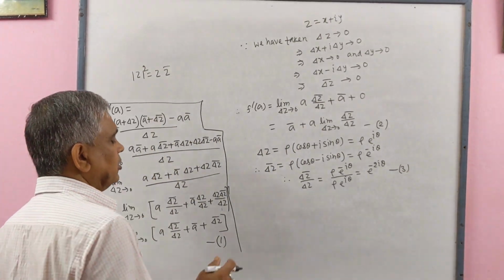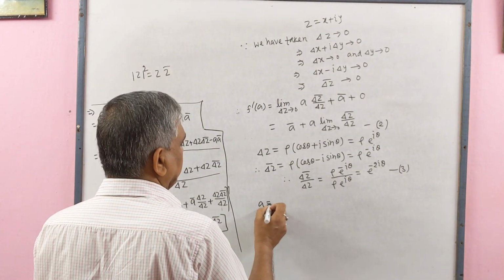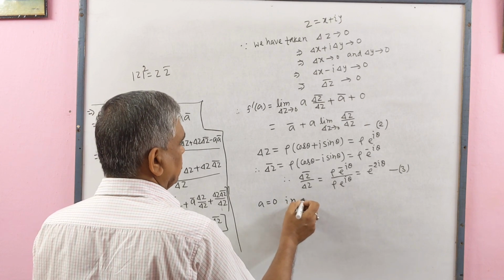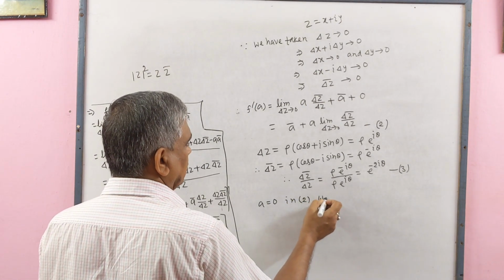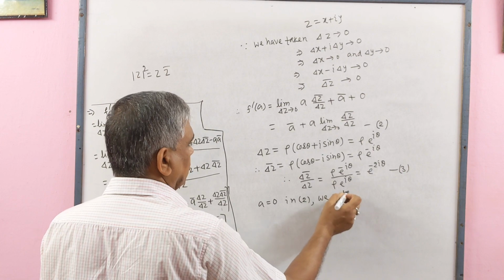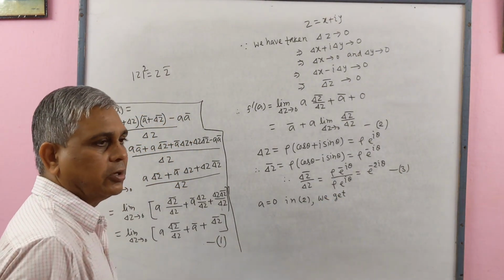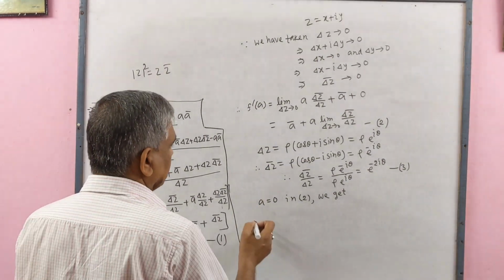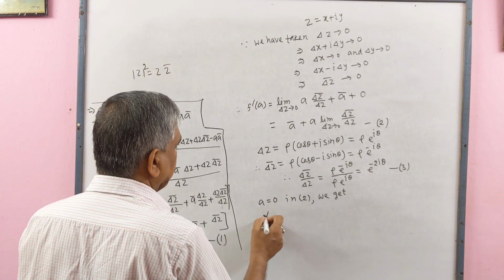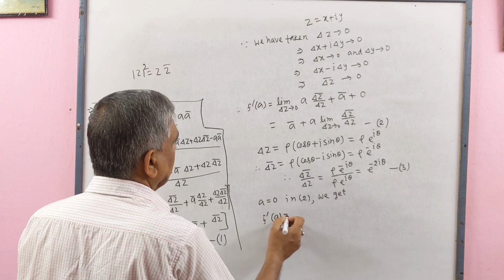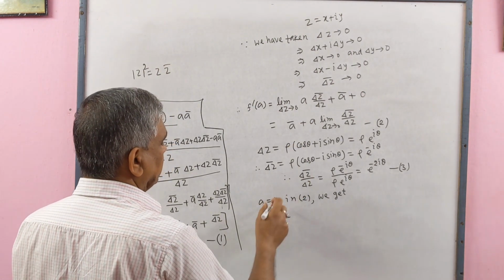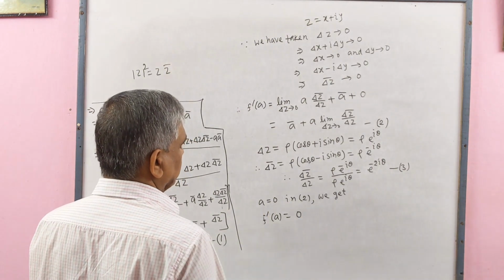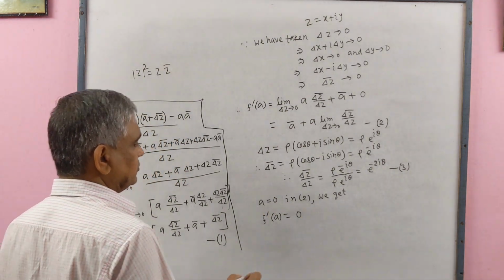Now let a equal to 0 in number 2. We get f dash a, with a equal to 0, then a bar will also be 0, since a is a complex number.